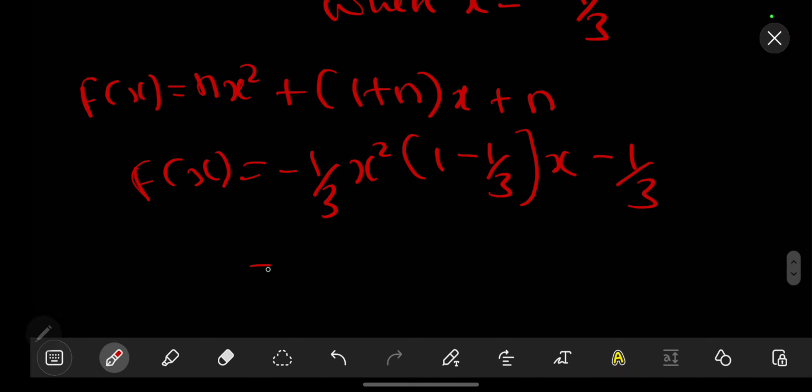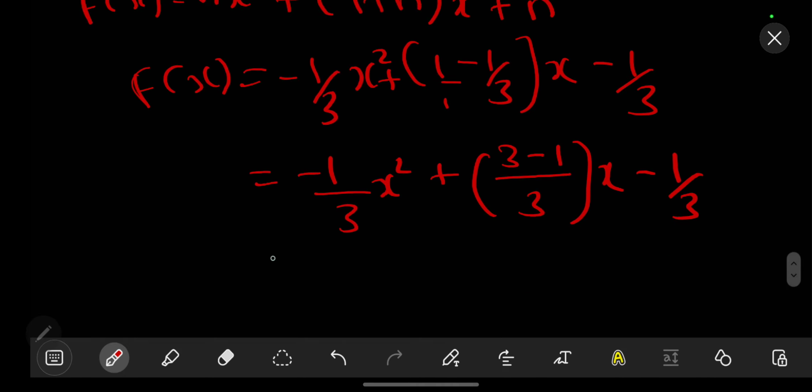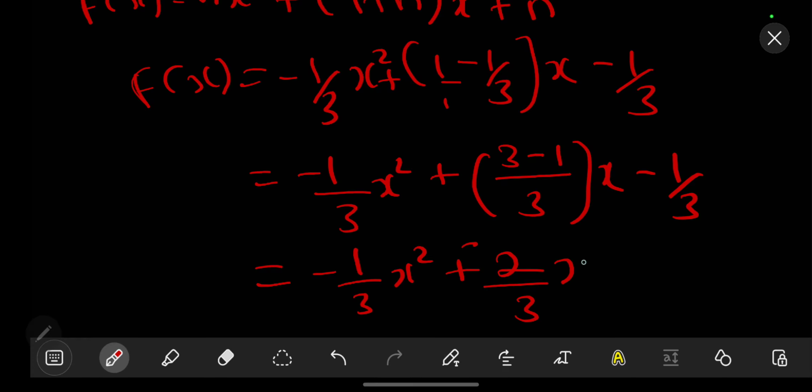So after doing that, we have negative 1 over 3 x squared, plus, our common denominator here is 3, so 3 times 1 is 3, minus 1 there, then our x minus 1 over 3. 3 minus 1 gives us positive 2 over 3 x, then we have 1 over 3, like that.